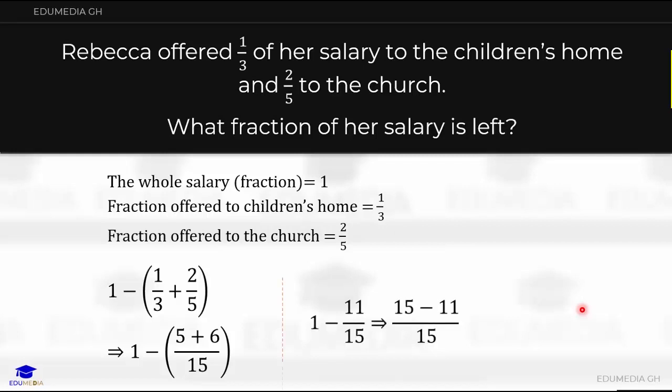Then working this out gives us 1 minus 11 divided by 15, and still going ahead to find the LCM here, we have (15 minus 11) divided by 15, and then the final answer is 4 divided by 15. So this is the final answer.